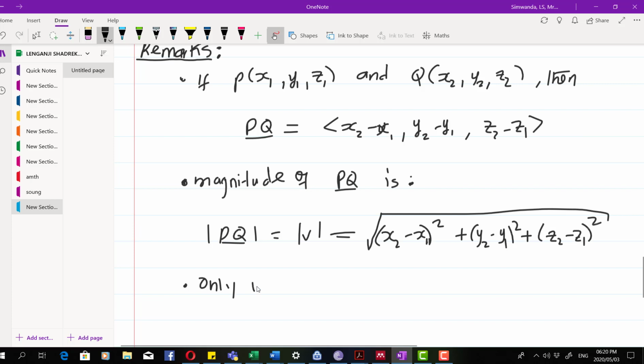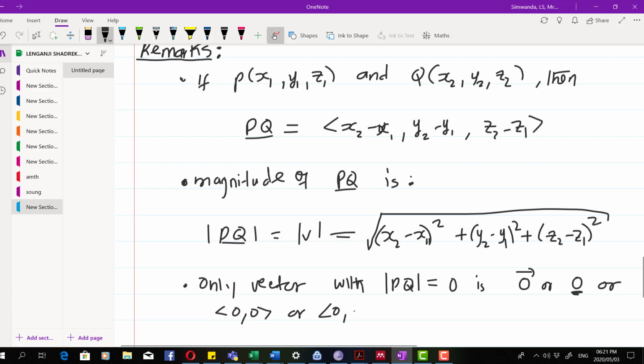Then the other thing we need to note is that the only vector with a magnitude of 0 is the 0 vector. So if we have a vector PQ with magnitude equal to 0, that will be the 0 vector. So that's how we represent the 0 vector. It is 0 with an arrow, or 0 with an underline, or using angular brackets, 0, 0 if you have a 2-dimensional 0 vector, or 0, 0, 0 if you have a 3-dimensional 0 vector.